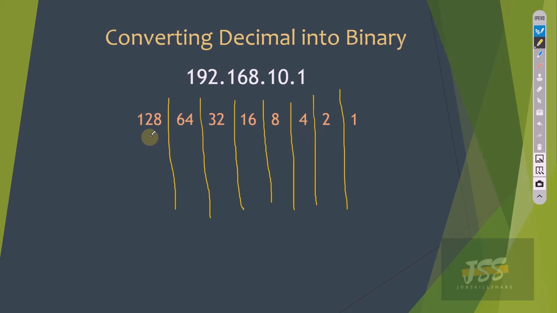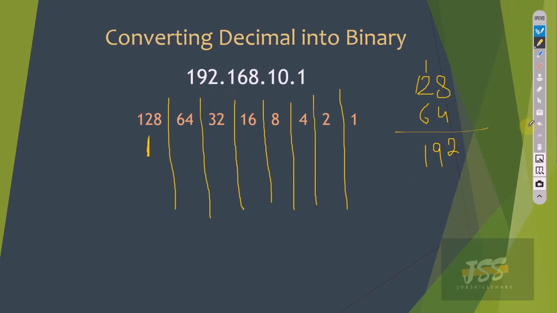We know that we need to turn the 128 bit on. 128 we have. Then if I try to add 64, how does it become? 128 plus 64 is 192.